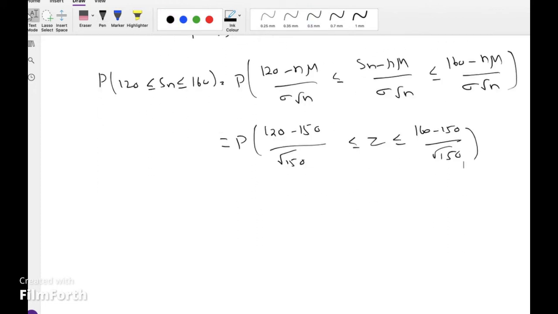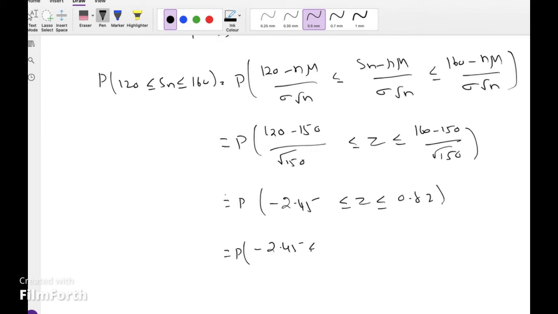So 120 minus 150 divided by square root of 150, using the calculator, gives minus 2.45 less than or equal to Z less than or equal to 0.82. So we can write minus 2.45 less than or equal to Z less than or equal to 0, plus the probability of 0 less than or equal to Z less than or equal to 0.82.